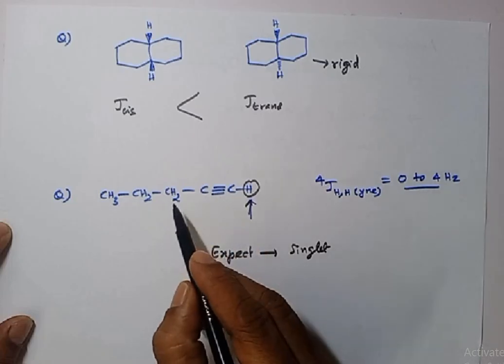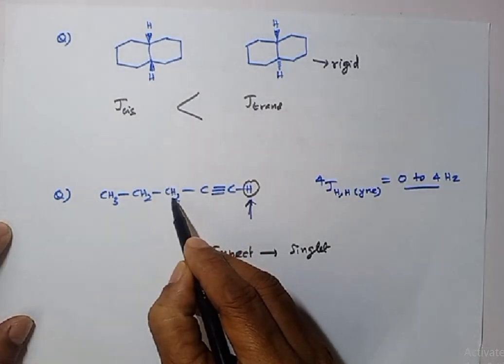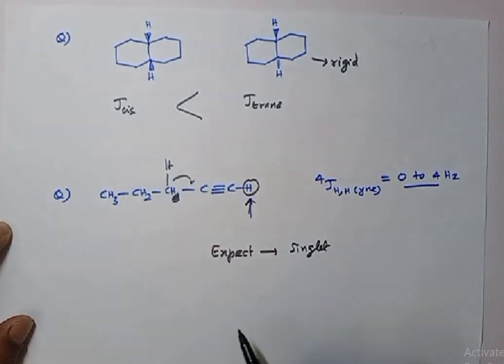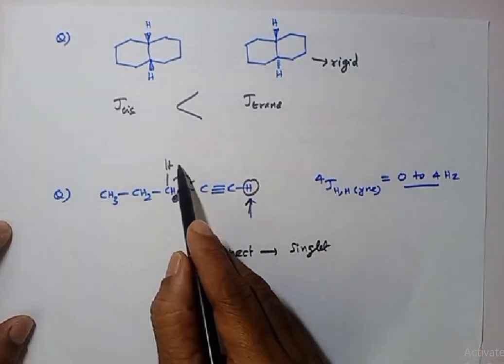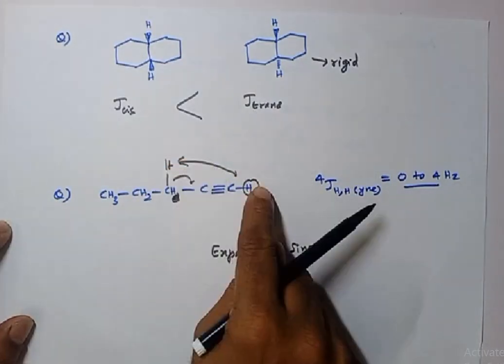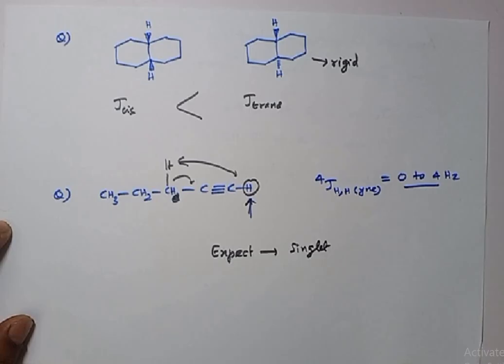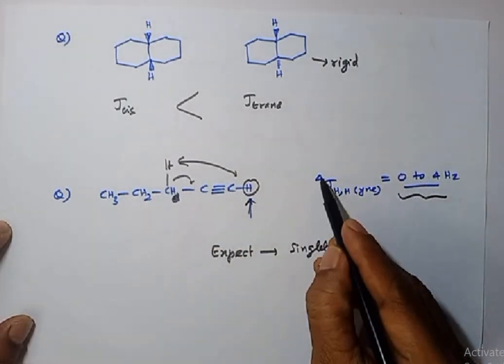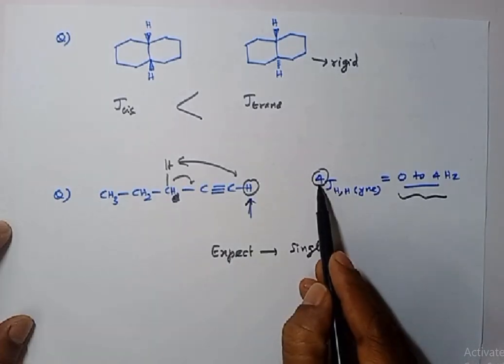But here you have two hydrogens. Let me show one hydrogen like this. Due to hyperconjugation, this hydrogen has some coupling with this proton. Observe carefully, this is a 4-bond coupling.